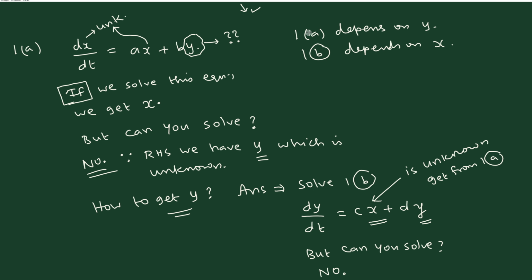So one equation is depending on one variable, the other one is depending on the other variable. In such a situation, we cannot solve both of them. 1a also cannot be solved, 1b also cannot be solved. And therefore, this set of equations is known as coupled. So this kind of situation is what is known as coupled.